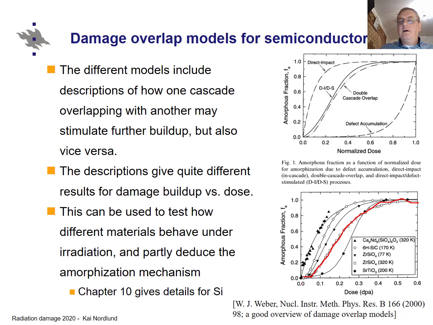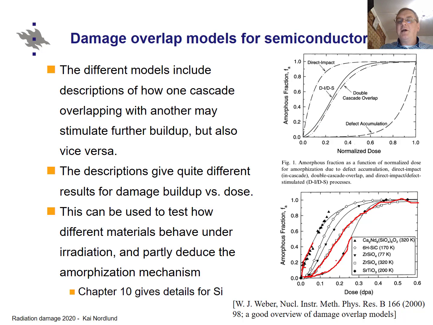As you see, different materials don't behave quite the same. Sometimes you have a strong increase immediately, sometimes a very slow increase which then picks up. These things are by now fairly well understood, or even very well understood in many materials.